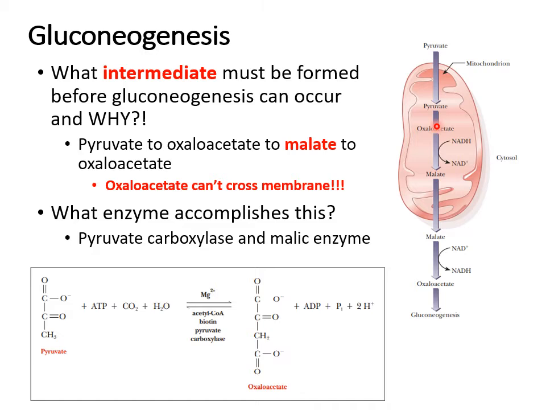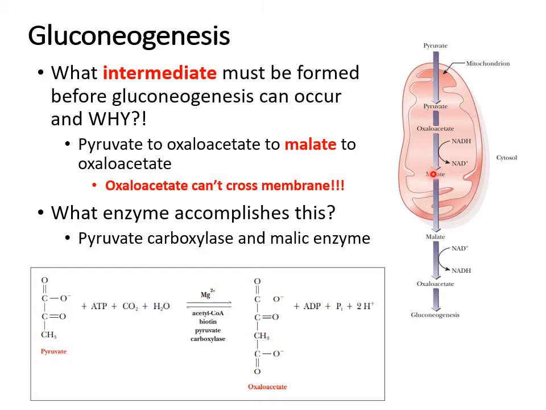Now, the problem is that once that enzyme converts pyruvate to oxaloacetate, which we want for gluconeogenesis, oxaloacetate cannot cross the mitochondrial membrane. So how do we get it where we need it in the cytosol for gluconeogenesis to occur? Well, it has to be reduced to what's called malate first.